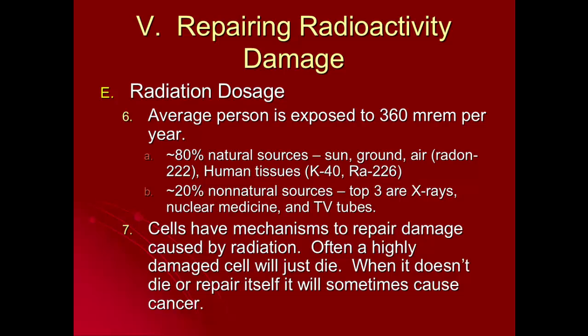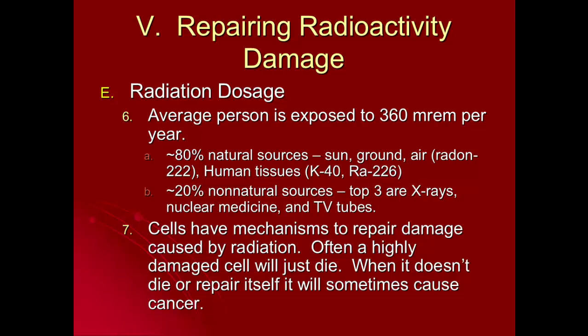About 20% comes from non-natural sources. X-rays are the most common, which we get for dental things and things like that. And they've actually decreased those doses recently because they can record the radiation picture digitally, and that sensitivity has gone up, and so they actually don't hit us with as much X-rays as they did when I was a kid, which is great.